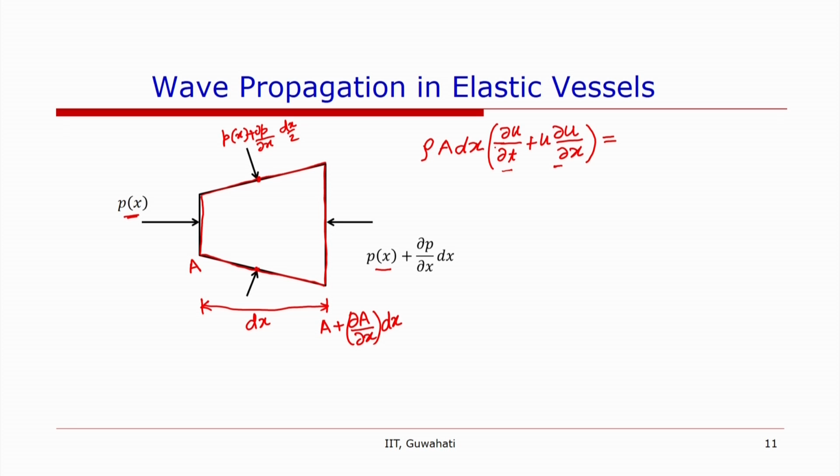Now we will consider the forces. Because the flow is happening from left to right, we will consider the force P into A. Remember that A is also a function of x, but we are not going to write that here, and we will write P also simply as P, not as Px.